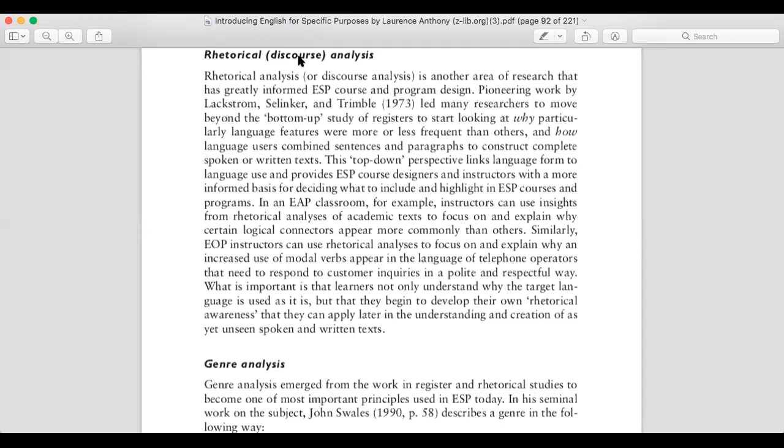But of course, whenever we talk about English as a second language or English for specific purposes, we cannot deny the importance of grammar. But the choice of what we are going to teach, particularly as far as the syntax or the vocabulary is concerned, basically the objectives are directed by and linked to the needs analysis.